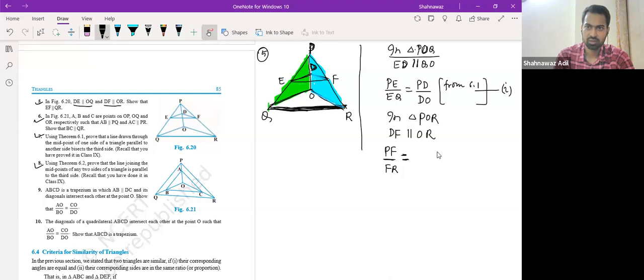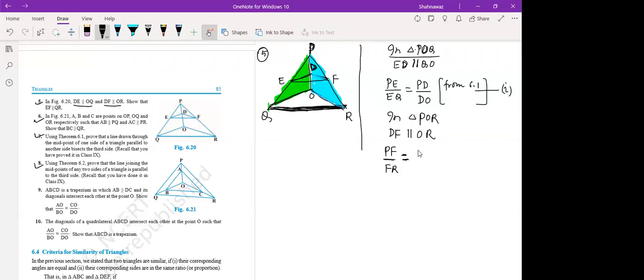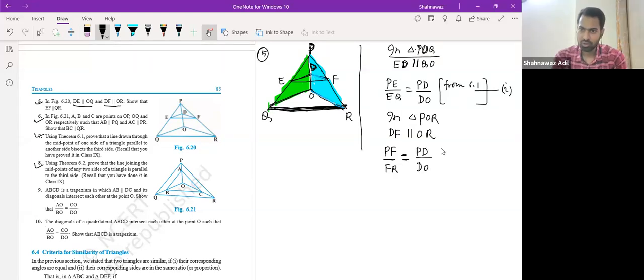What would be the other ratio? PD by DO, right? So again, from theorem 6.1, this is the second information that we have.